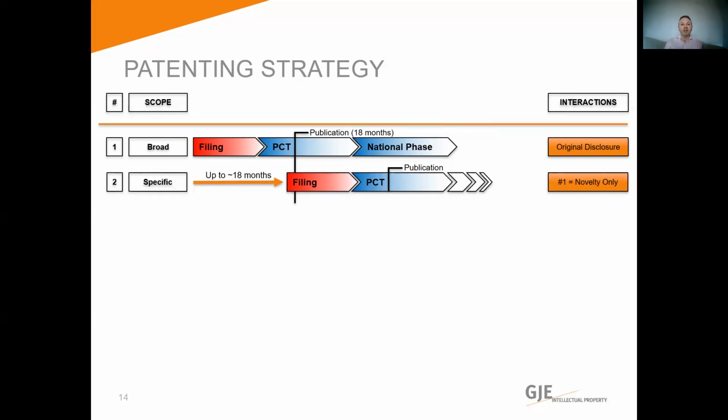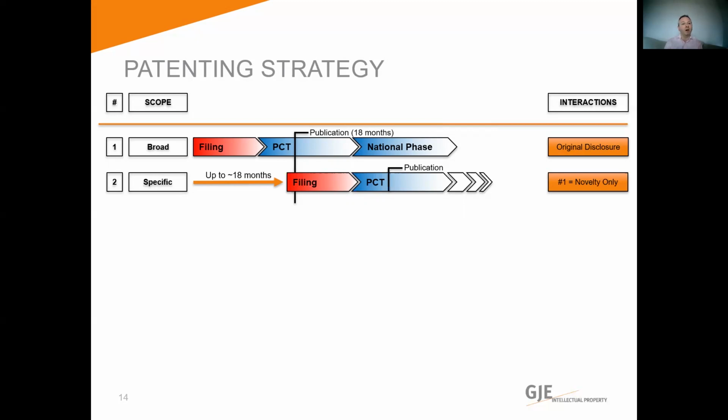If we file an application covering that specific subset of compounds before publication of the first application, so any time up until around 18 months from that first filing, then the first broad application will only be available for the assessment of novelty of the specific application, the second application, in some countries.